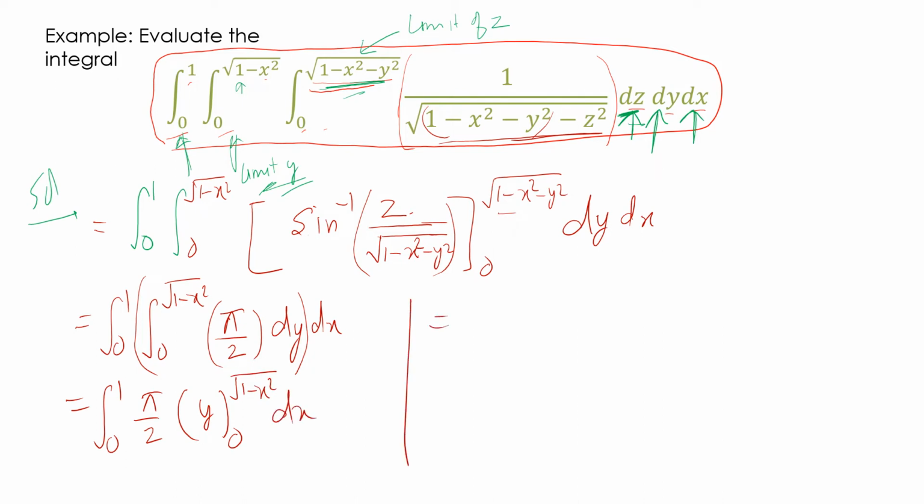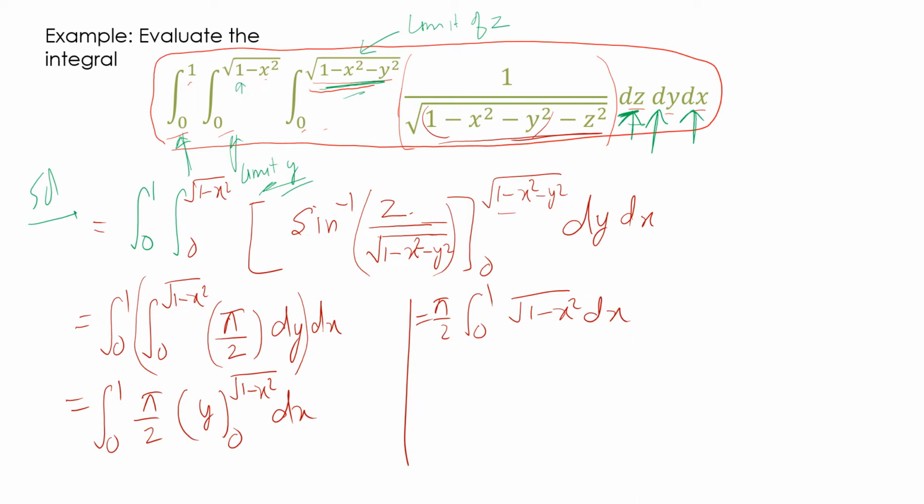Here we write pi by 2 outside the integral, that's a constant term, and root 1 minus x square dx.